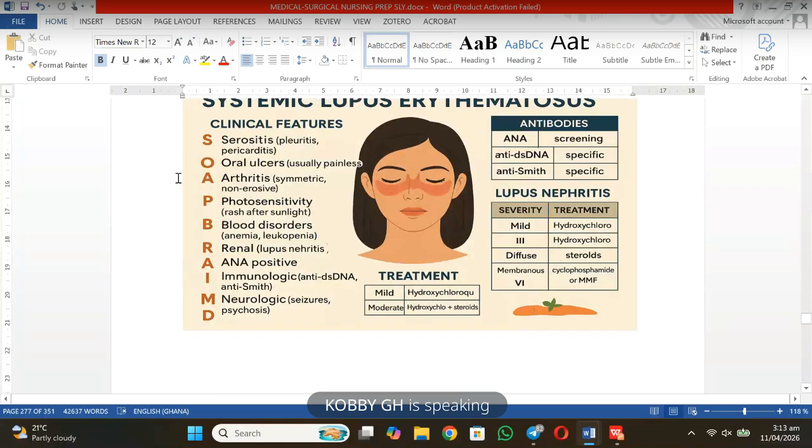Patients can even experience oral ulcers, or ulcers in the mouth. It can affect the lungs and cause pleuritis. It can affect the heart and cause pericarditis. It can affect the blood for anemia to occur. And again, patients will experience neurologic signs like seizures and psychosis.